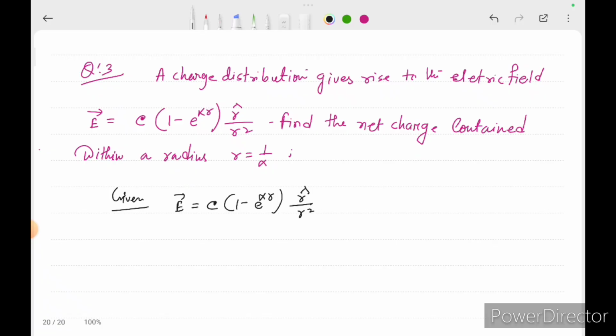This is our basic step. We have already followed it in question 1, so again we follow the same approach here. So the differential form of Gauss's law.